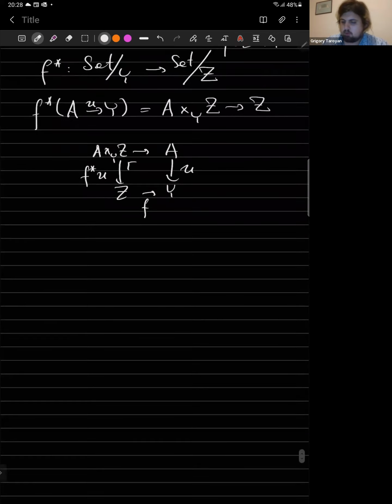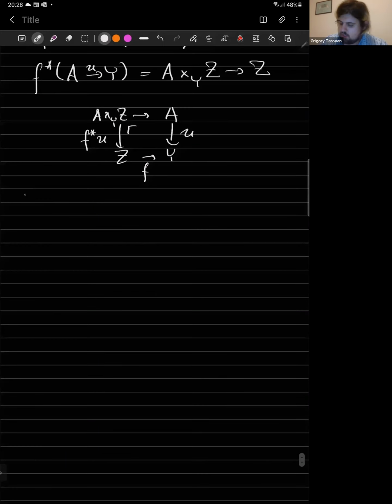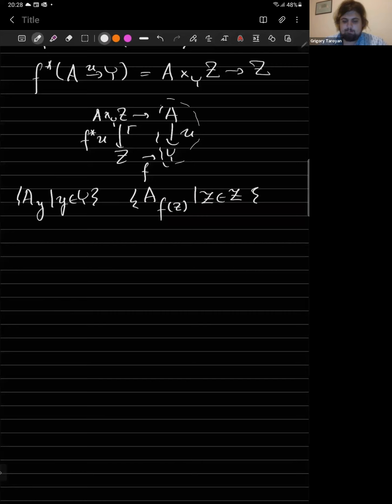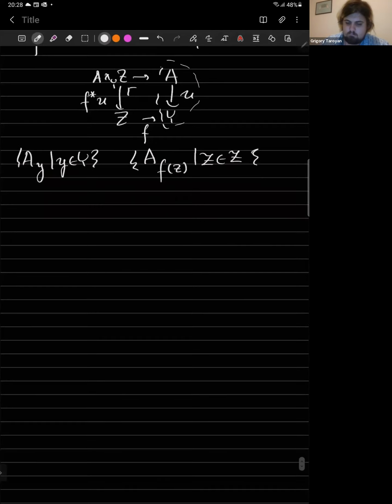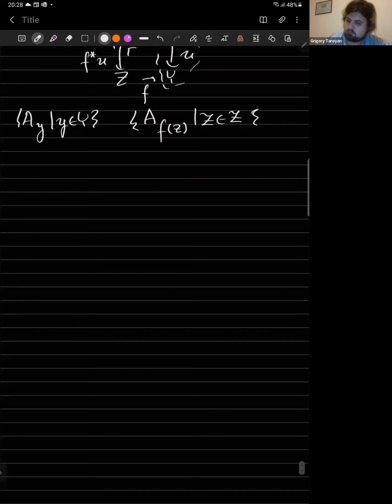And also this can be viewed as changing the index procedure. So we have a family of fibers over Y, and this can be viewed as changing the index of these fibers. So we obtain the family indexed by elements of Z. So the following theorem holds.